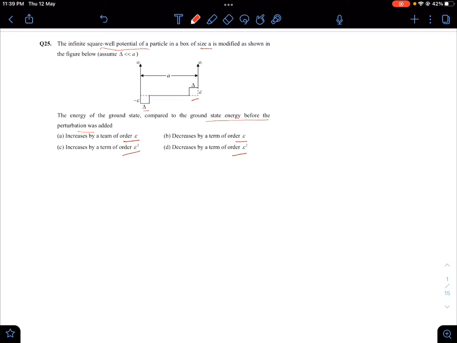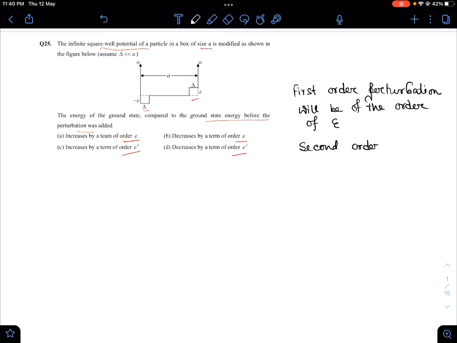The first order perturbation will be of the order of epsilon, and the second order perturbation will be of the order of epsilon square.